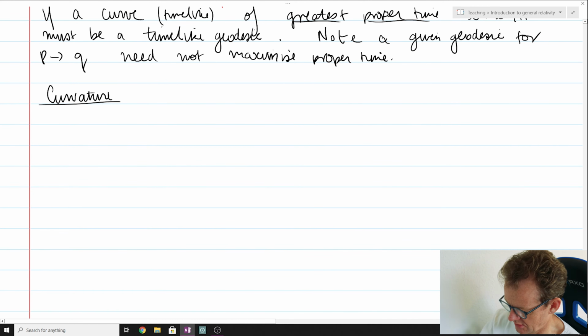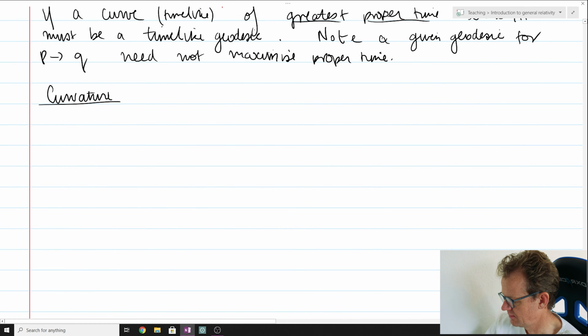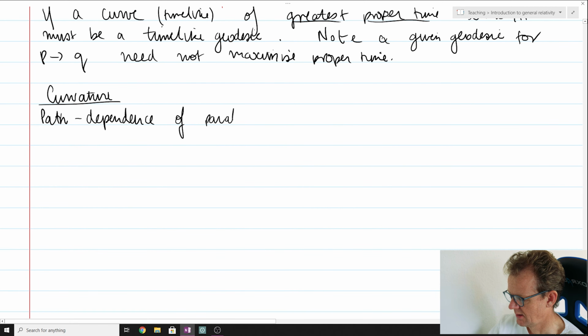So the main observation, and I've said it enough times in the past, but it's worth emphasizing because it's such a key ingredient, is that the main characterization of curvature that we're going to use is that parallel transport may be path dependent. And that the path dependence of parallel transport is a key intrinsic signature of curvature.